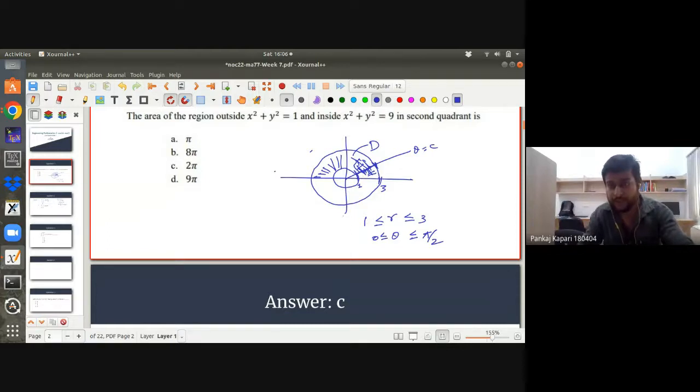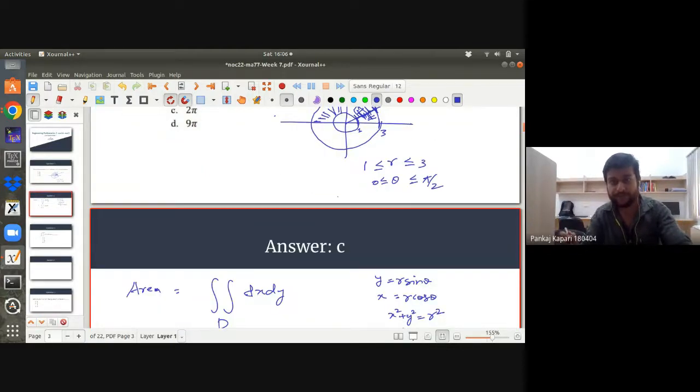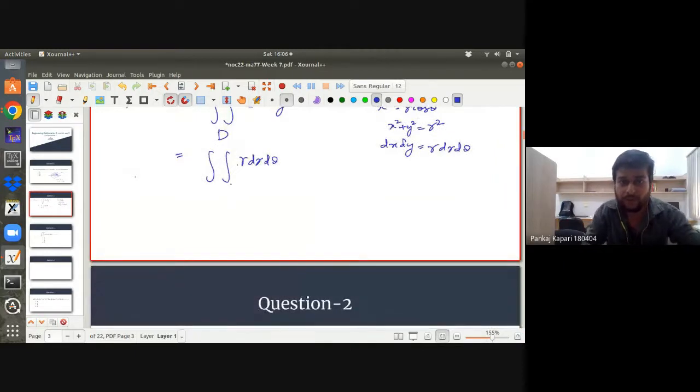We put these values in the integral: r from 1 to 3 and theta from 0 to pi by 2. Because these limits are constant, we can write this double integral as a product of two integrals, one with respect to theta and another with respect to r. So this is the integral from 0 to pi by 2 of d theta, times the integral from 1 to 3 of r dr.